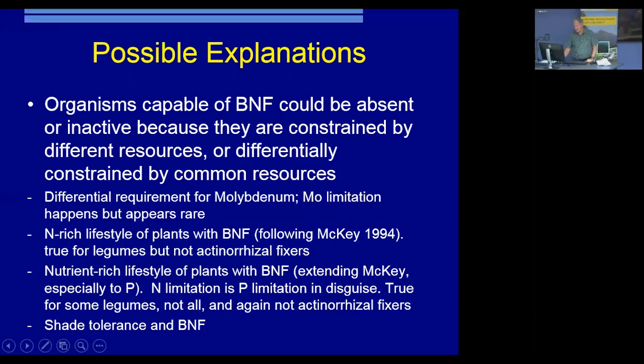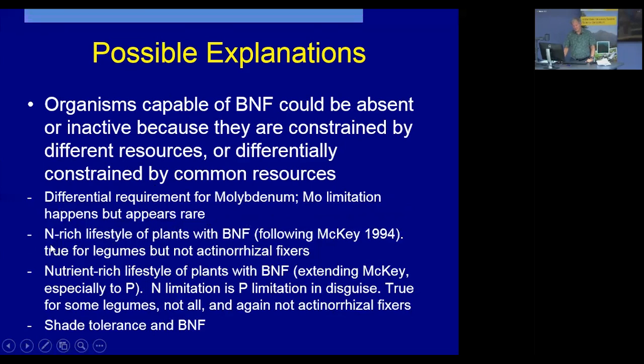In terms of being constrained by different resources, there's a strongly differential requirement for molybdenum and iron. Biological nitrogen fixers need more, or need some, compared to most other organisms. Limitation by molybdenum occurs, but appears to be rare.